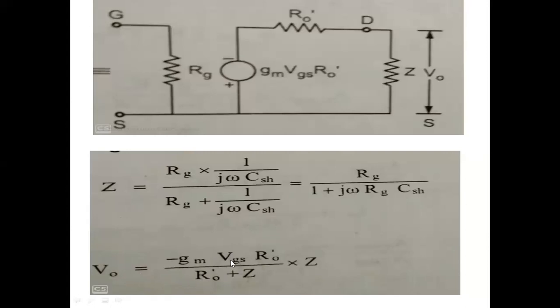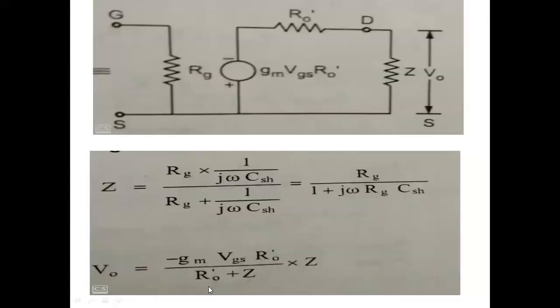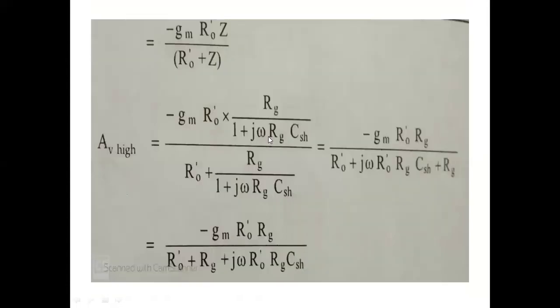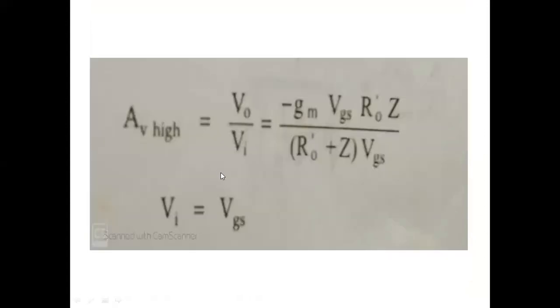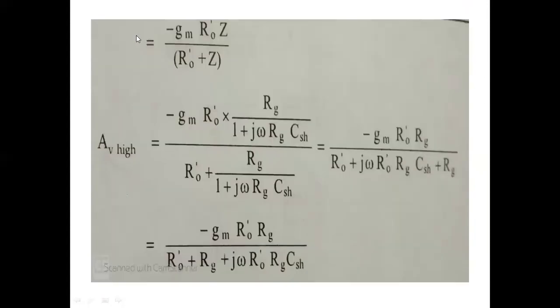That is V0 by VI is equal to minus GM R0 dash Z by R0 dash plus Z. Just here we are dividing VGS with VI, and whatever it may be, the gain becomes minus GM R0 dash Z by R0 dash plus Z. If you take this term to the left side, that will be V0 by VI is equal to the remaining term, minus GM R0 dash Z by R0 dash plus Z. That is the gain, AV high.